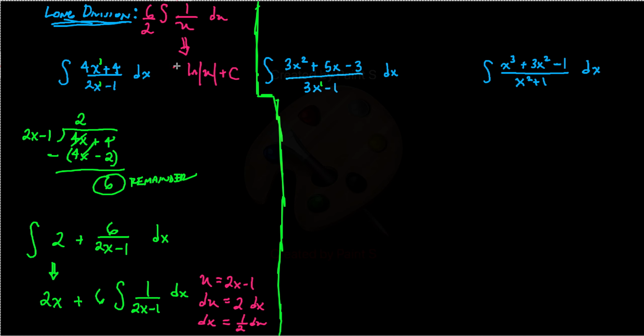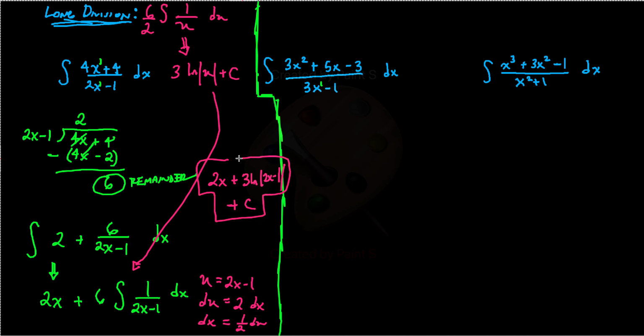So the 6 became a 3, and now I have that antiderivative for this one piece. I plug this in to here. I'm going to get my 2x plus 3 ln absolute value. And I'm actually going to change out what u is. u is 2x minus 1. So 2x minus 1. And then the plus c. Don't forget the plus c.